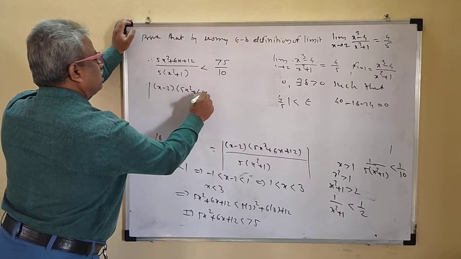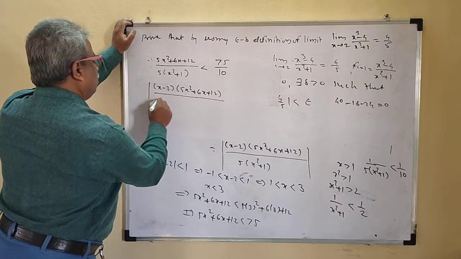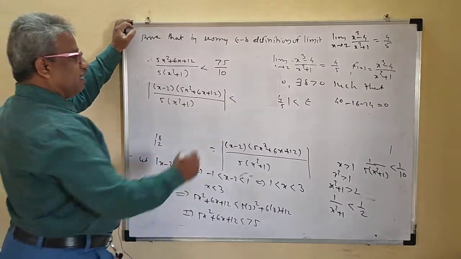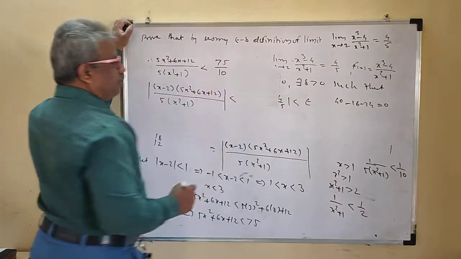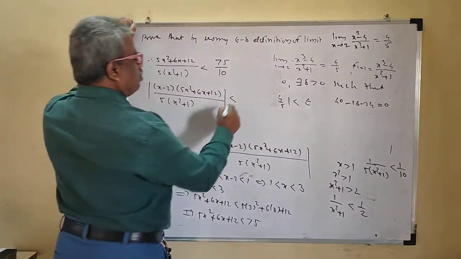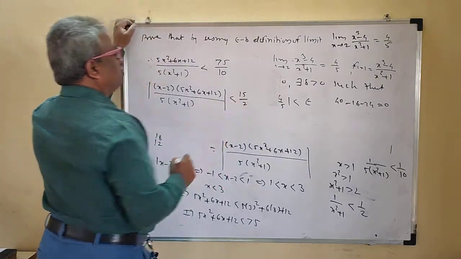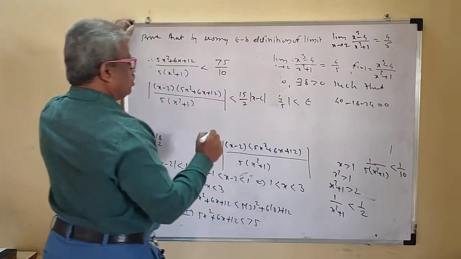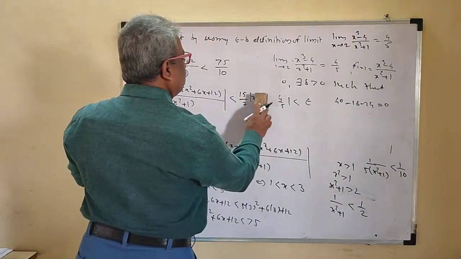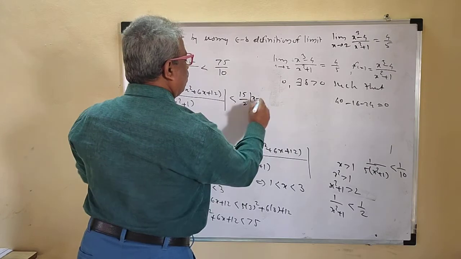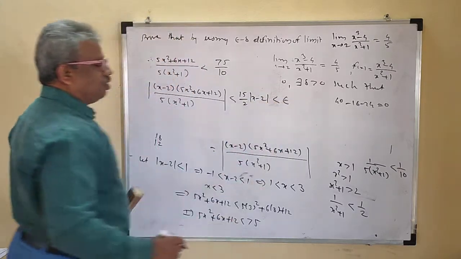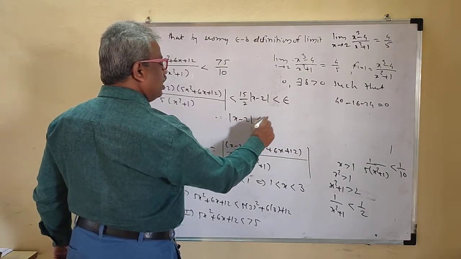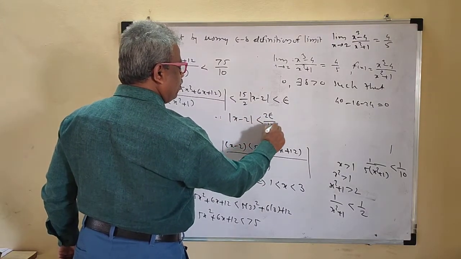So mod of x minus 2 into 5x square plus 6x plus 12 upon 5 into x square plus 1 is less than 75 divided by 5, that is 15, upon 2, into mod of x minus 2, and this is less than epsilon. So therefore mod of x minus 2 is less than twice epsilon by 15.